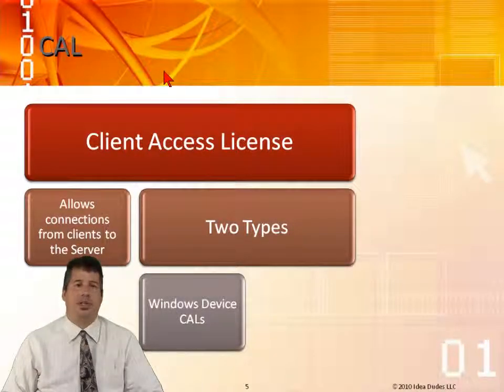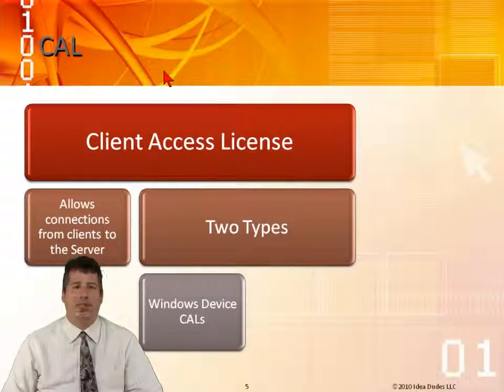We have Windows device CALs, and these are actual client access licenses that are connected to the actual devices, such as the computers and the operating system. So Windows 2000, XP, Vista, Windows 7, they all have inherent CALs. That gives them the right to connect to the Windows Server 2003.